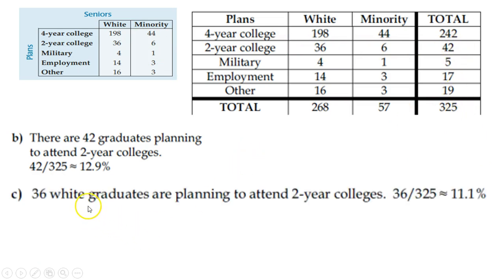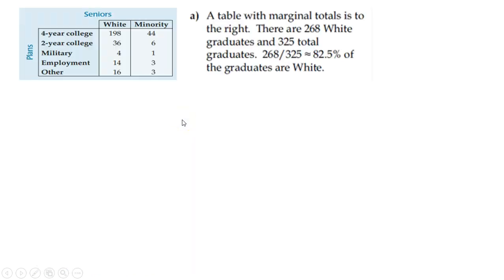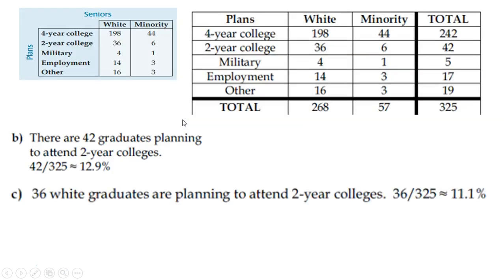Part C was asking what percent of the seniors are white and planning on attending a 2-year college. So that takes us back to this one. 36 were white and planning a 2-year college, out of the 325 total.